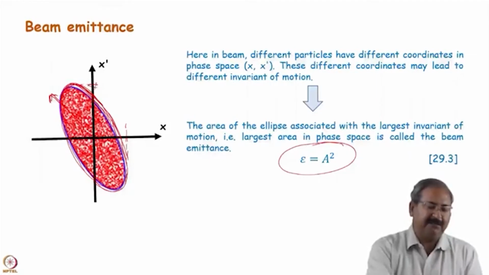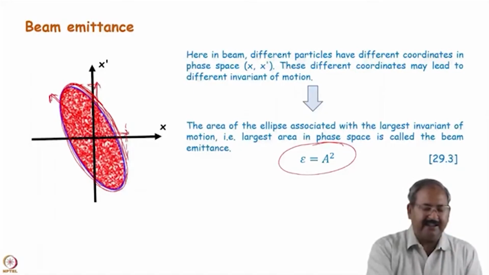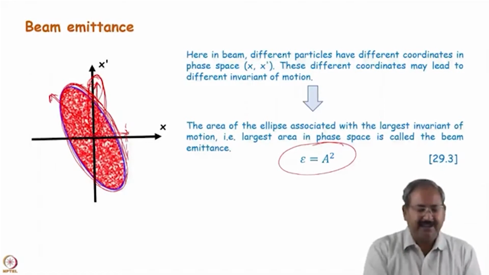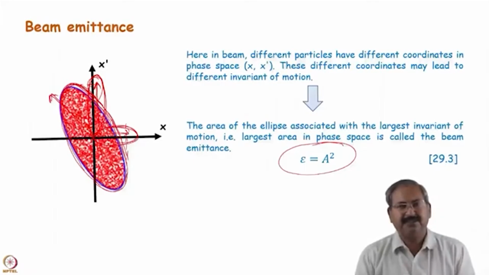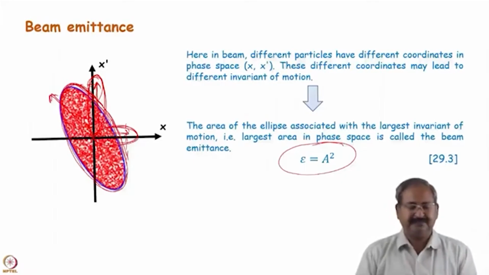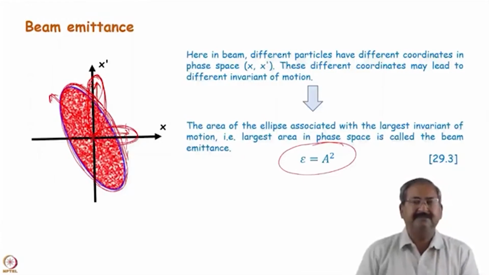This is the maximum amplitude in angle for this outermost particle. So this shows the maximum angle possible in this beam, and this is the maximum displacement possible for the particles in this beam. So this shows you the beam size, and this shows you the beam divergence.